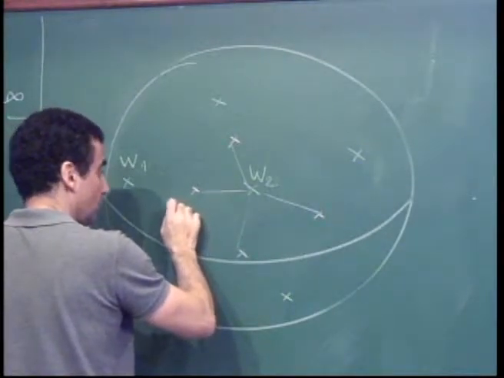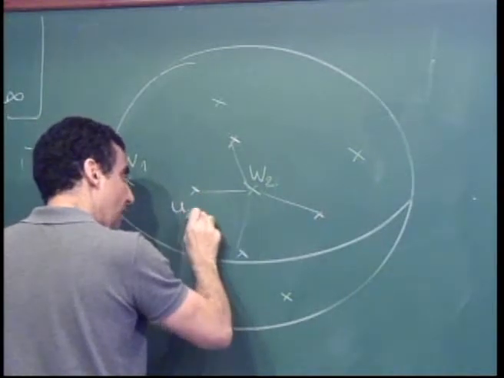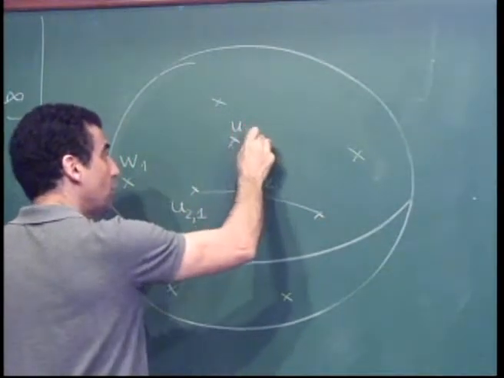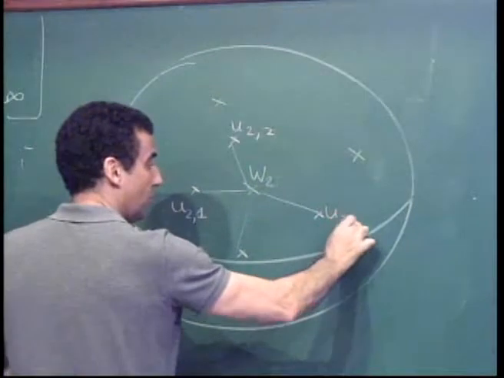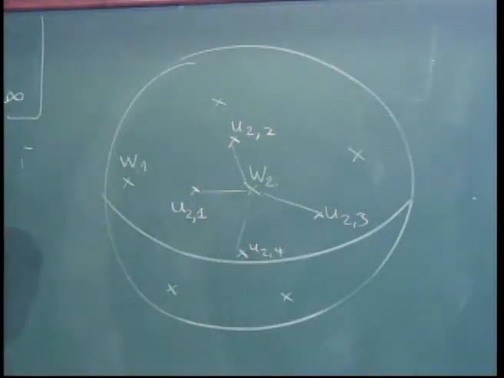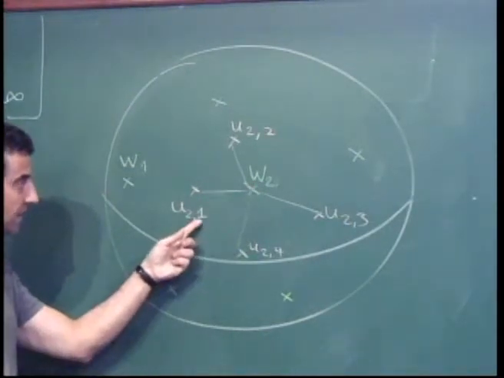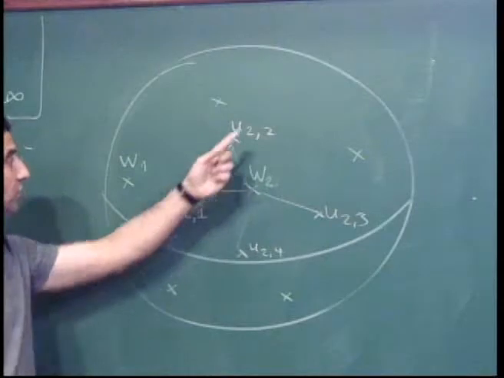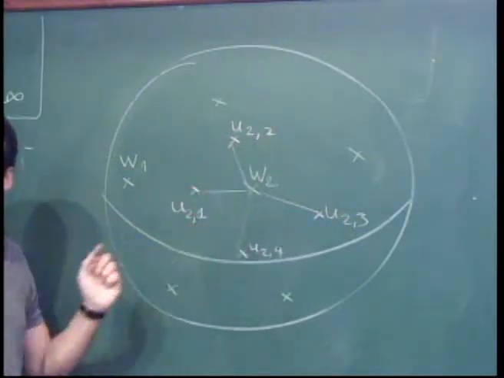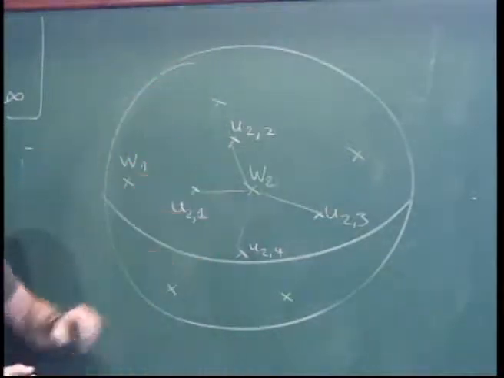Let's say U. Here it would be U 2,1, U 2,2, U 2,3, etc. That is, in my index, I remember that this is in group number 2, and then I have the second index, which is the first guy in group number 2, the second guy in group number 2, etc. I can go on, but let's stop here. And you do that around each of these points.